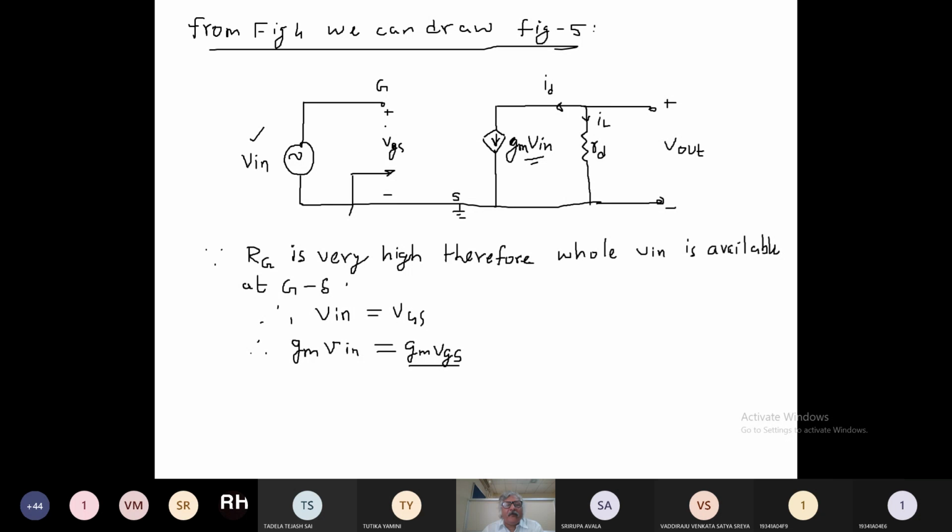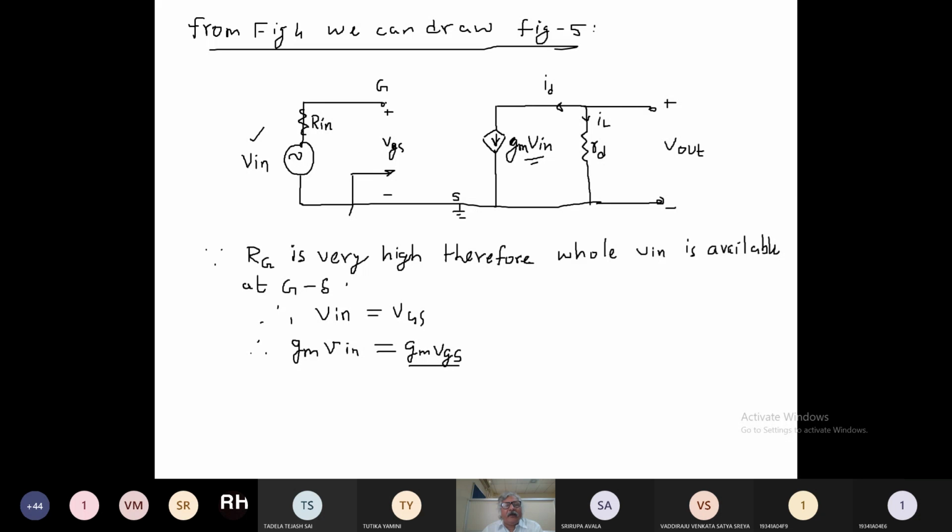If you have a high input impedance, RG is the high resistance, then the whole voltage source is available here, because this V in, the voltage source, will have some resistance, so R in is less.